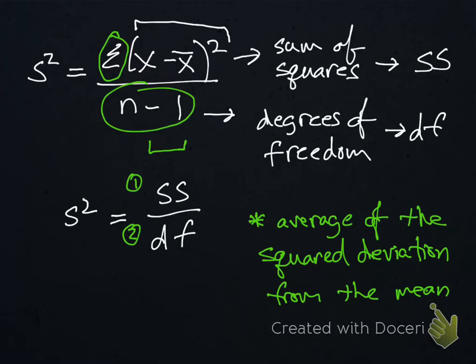So it's like a sample mean, an average. It just happens to be the average of these squared deviations from the mean. So our sample variance is the average of the squared deviations from the mean, and it consists of these two component parts, our sum of squares and our degrees of freedom. We'll come back to this in just a minute.